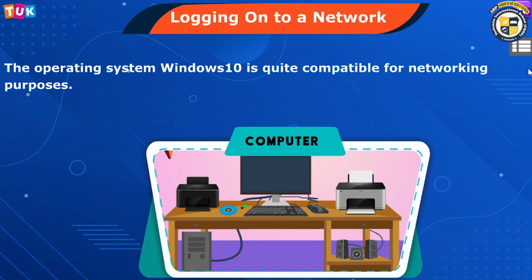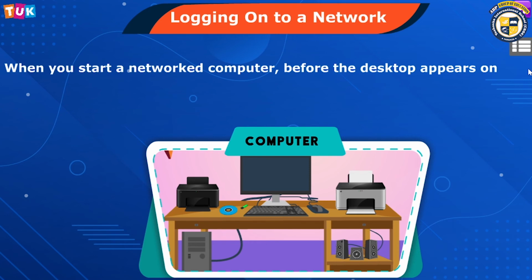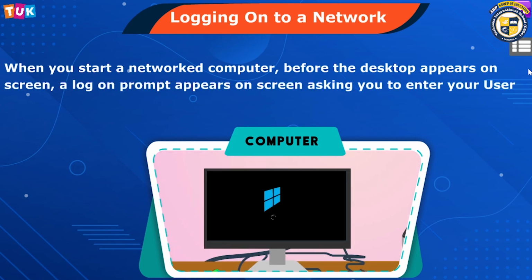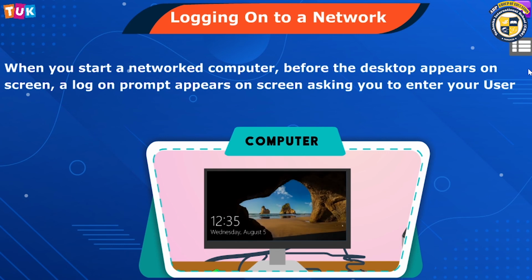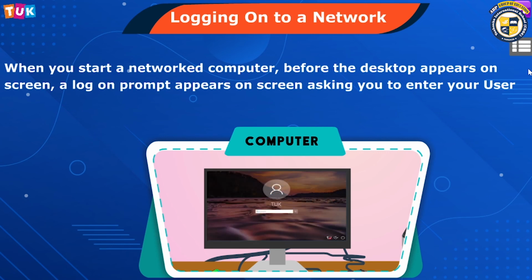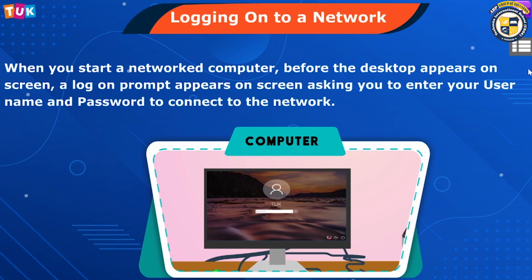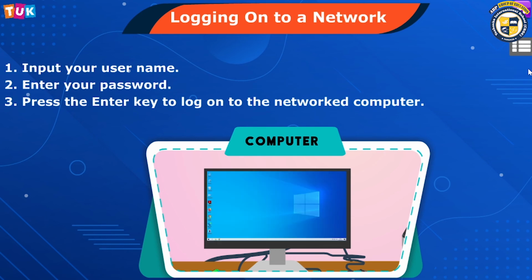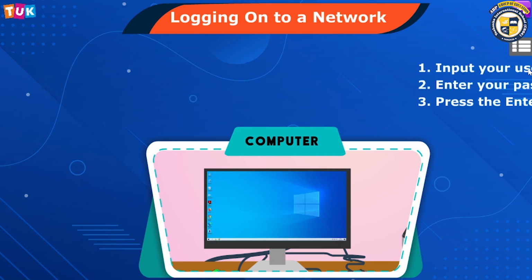The operating system Windows 10 is quite compatible for networking purposes. When you start a networked computer, before the desktop appears on screen, a log-on prompt appears asking you to enter your username and password to connect to the network. Input your username, enter your password, and press the enter key to log on to the networked computer.